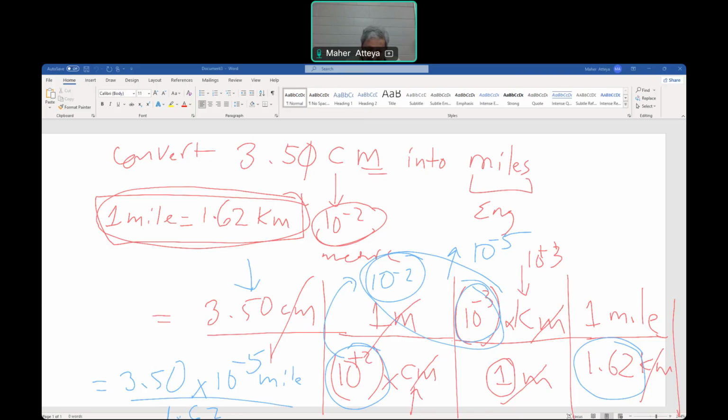Luckily we are going out of this. I hope this semester we are going out of WebEx. We are getting Zoom. But anyway, the 3.50 has to be divided by 1.62, and don't forget the 10 to the minus 5 here. Your answer will be rounded to 3 sig figs, because 3.50 has 3 sig figs and 1.62 has 3 sig figs.